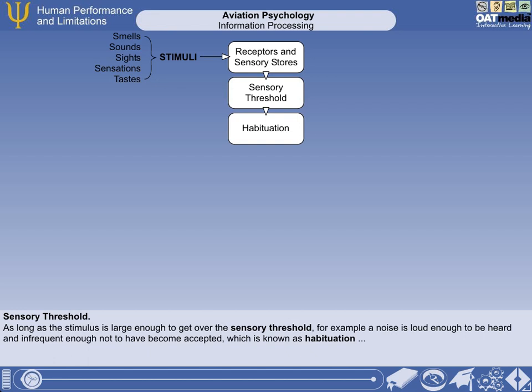As long as the stimulus is large enough to get over the sensory threshold, for example, a noise is loud enough to be heard and infrequent enough not to become accepted, known as habituation, then it will register in the attention mechanism.